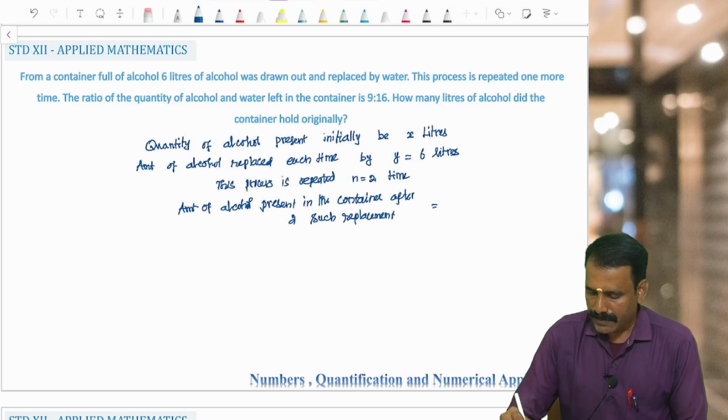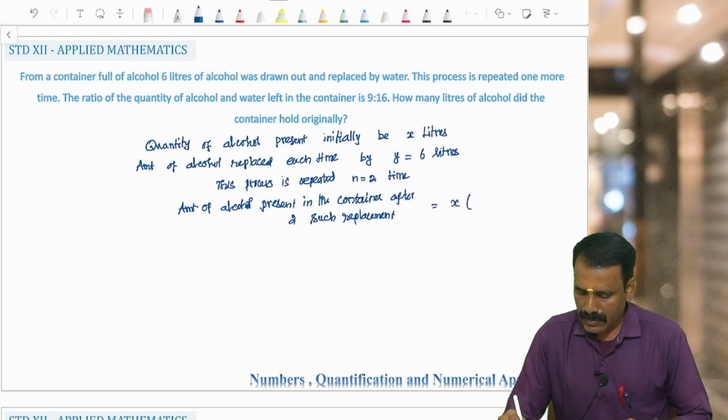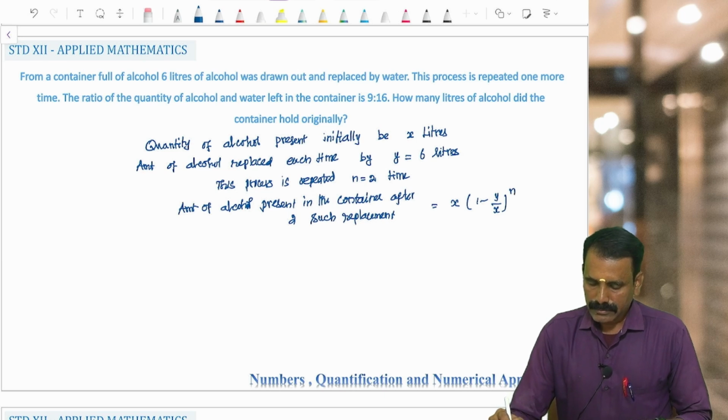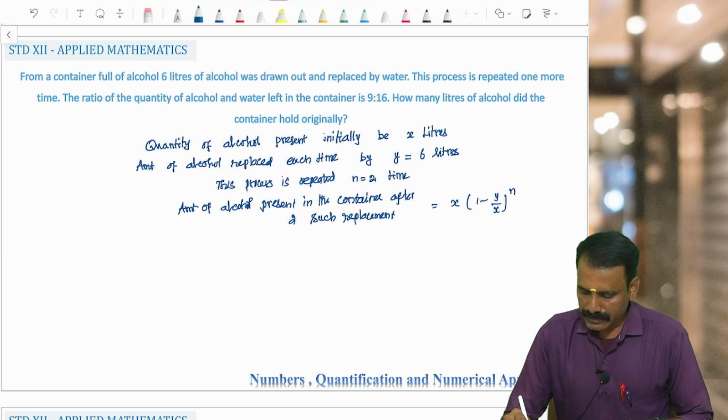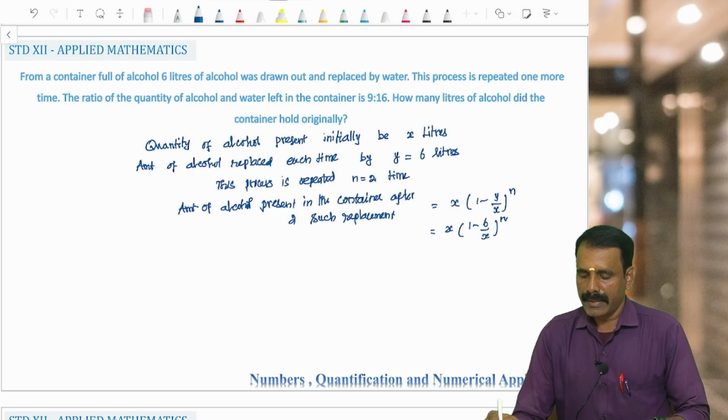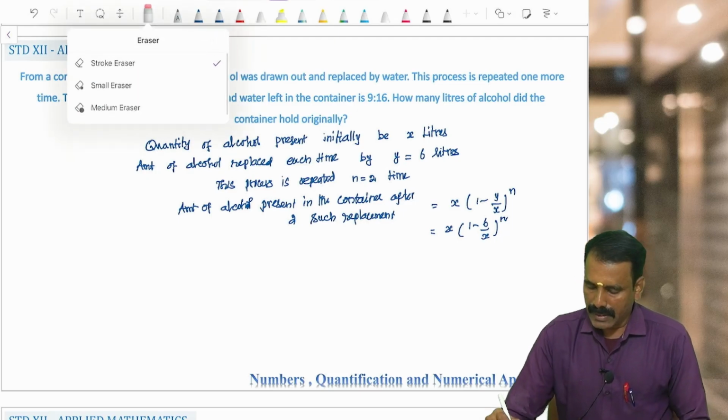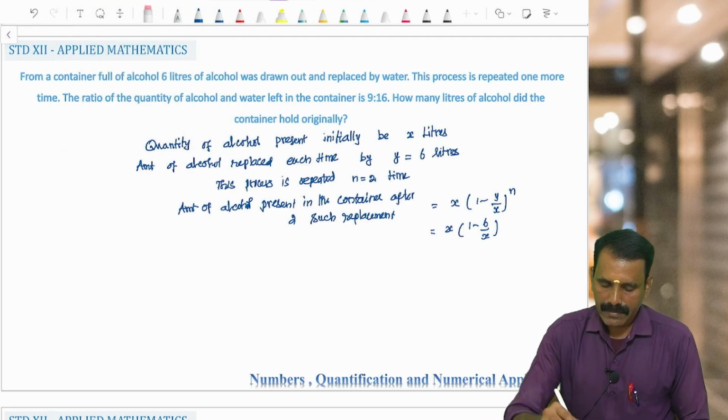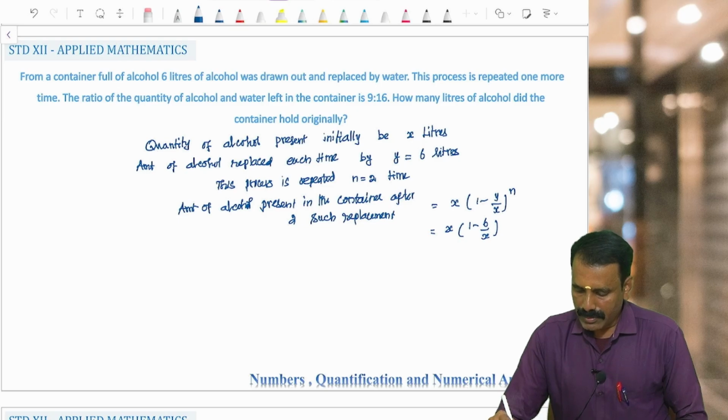It is going to be X into 1 minus y by x whole power n, and we substitute the value x into 1 minus 6 by x whole power n, and n value is going to be 2.